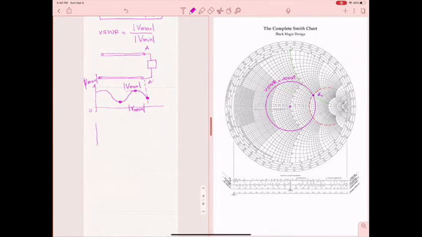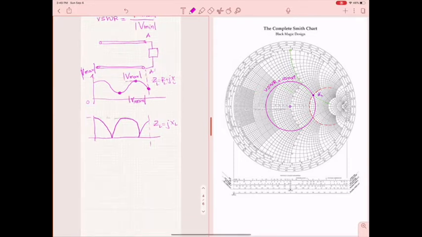When the load at the end is only reactive, there is no resistive part. So here there is a Z, which is R plus jX. But when your ZL is only reactive, then depending on what it is, this is going to look like this. All right, so what happens in this case?